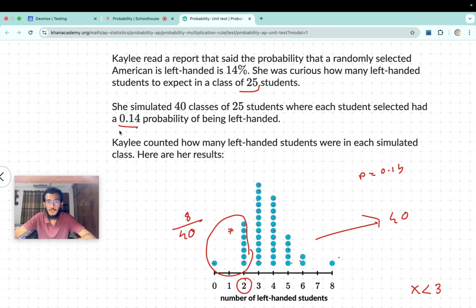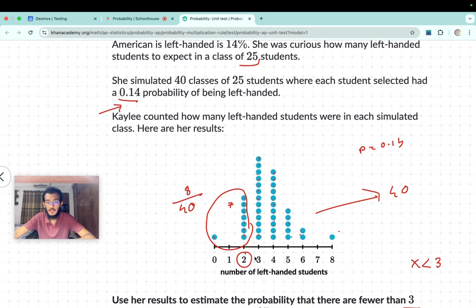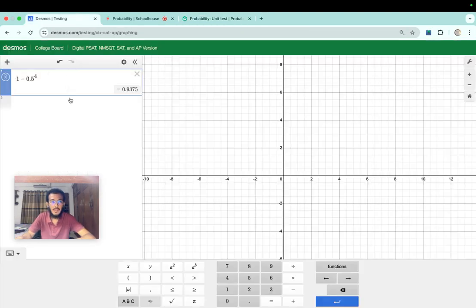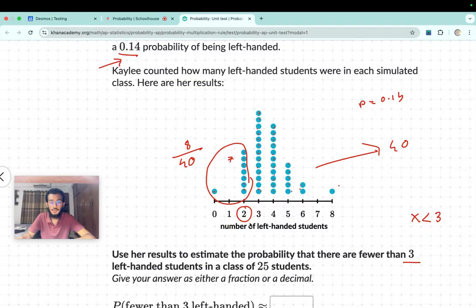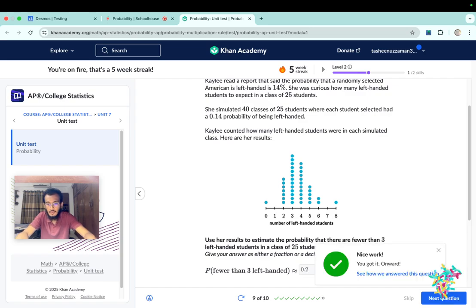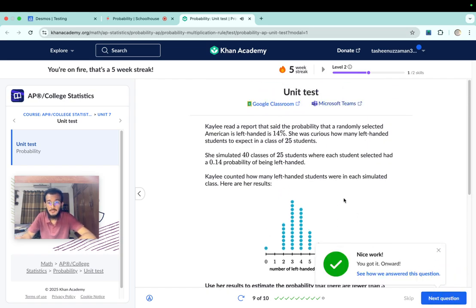But here's the question: what do we do with 0.14, which is the probability of being left-handed for a randomly selected American? She used that to find these data in the 40 classes, right? So we don't need that actually, I think. 8 by 40 is 0.2. Exactly, we don't need that.